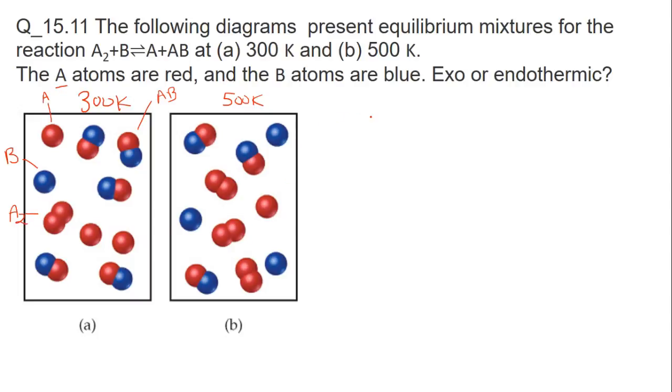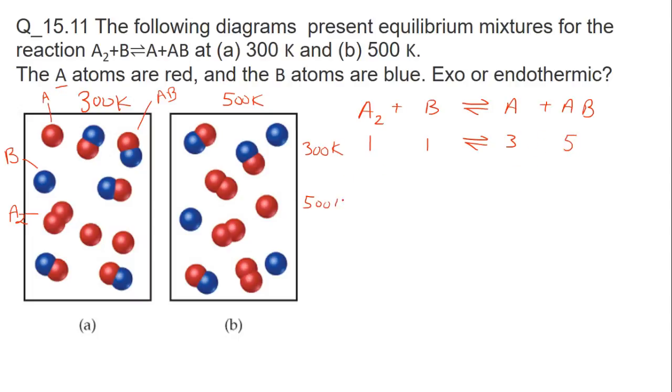Now, what are our equilibrium levels for both of these? So we're going to have A2 plus B goes to A plus AB. And our reaction at 300K, we can look and see we have one molecule of A2 and one molecule of B, and that equilibrated to 3 molecules of A and 5 molecules of AB.